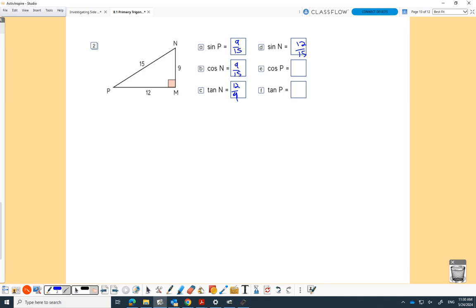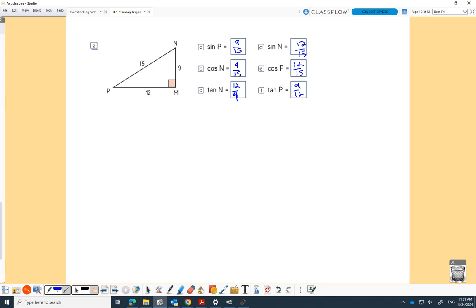Cos P, I just point at P and go adjacent over hypotenuse, 12 over 15, that fast. And then tan P, 9 over 12. Yes, I see they're flipped versions of each other, but that's not really what I'm teaching. You can think of that as AP stuff. Okay, good for you. That's not what we're really doing.